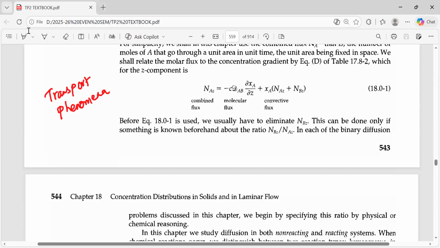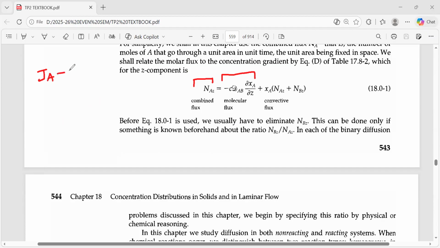Now, the equation you see here says two things. This is the combined flux, and this is the molecular flux, minus C into DAB dou XA by dou. Generally, we represent the molecular flux as JA.